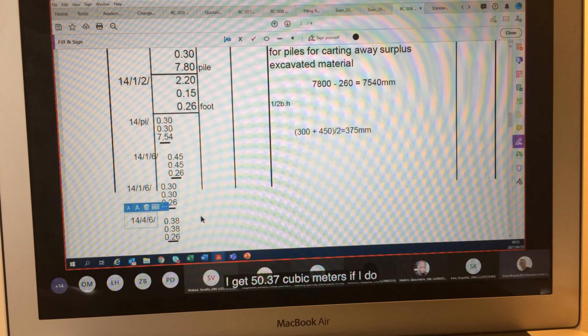I get 30.37 cubic meters if I do it with the trapezoidal shape.